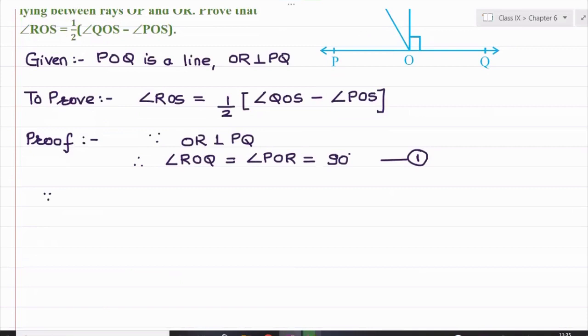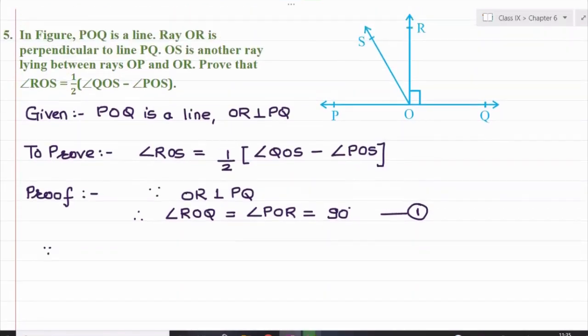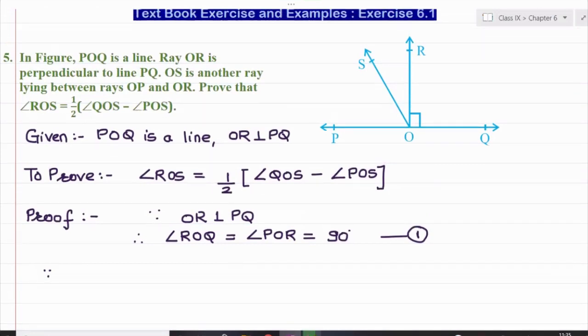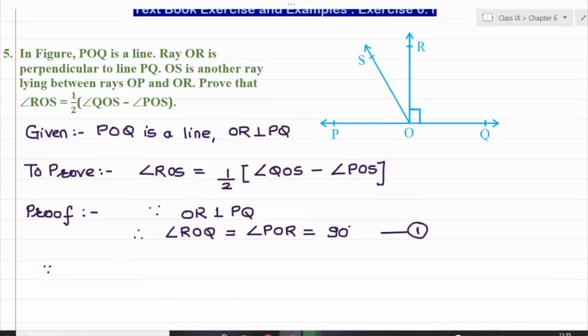So first of all, we have given that the value of those two angles is equal to 90 degree. Now I am going to consider one angle which is the addition of two other angles. For example, suppose I take the angle QOS. Observe, angle QOS is the addition of angle SOR and angle ROQ. Then it will form the angle QOS.